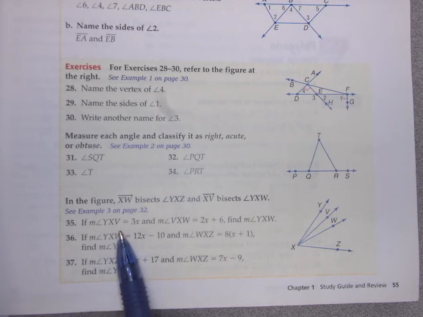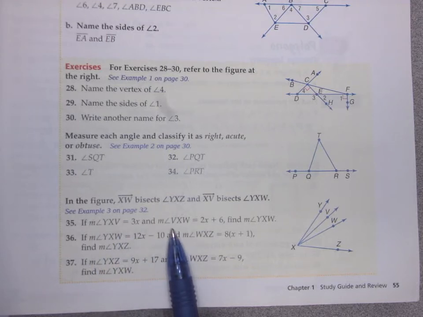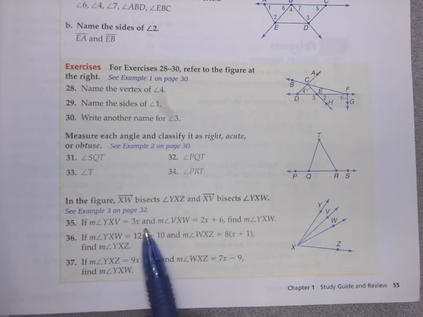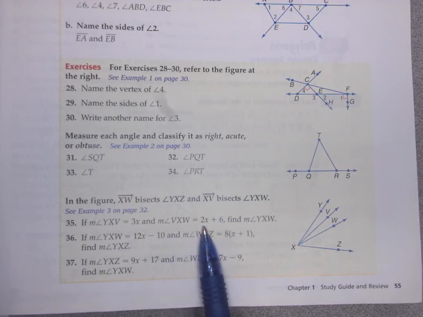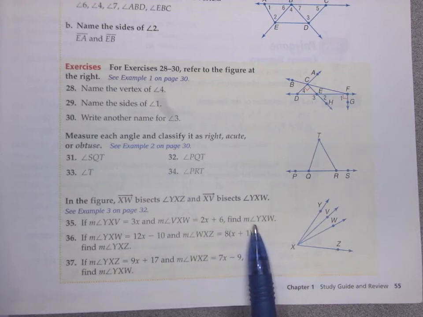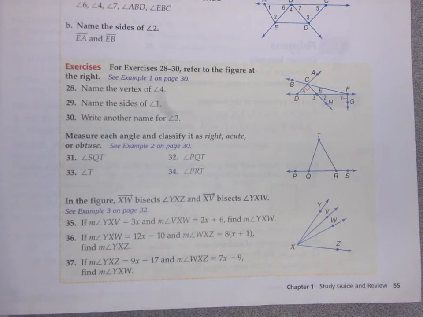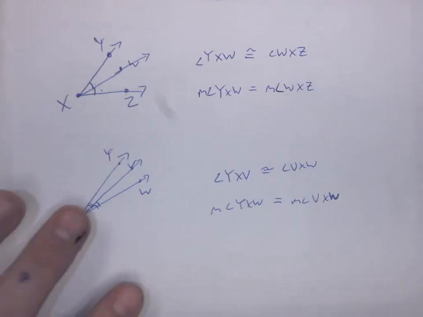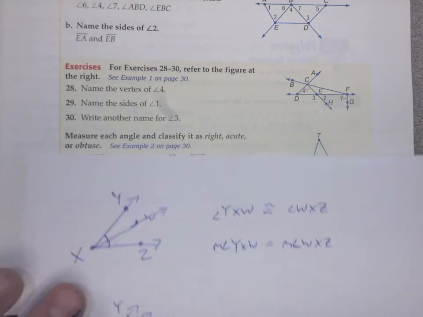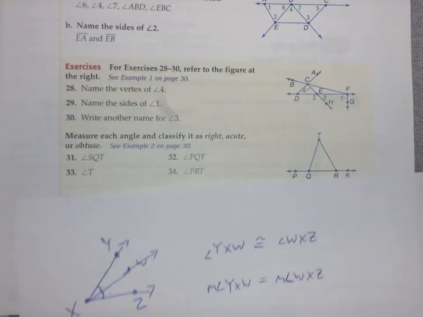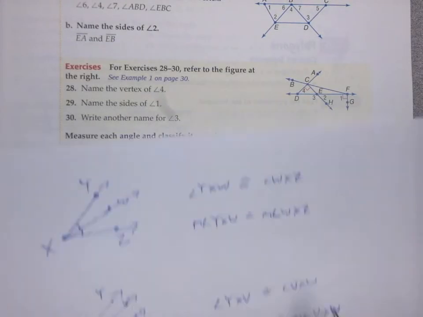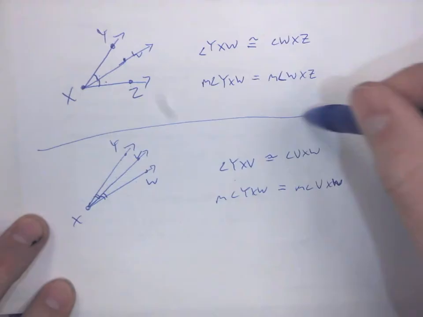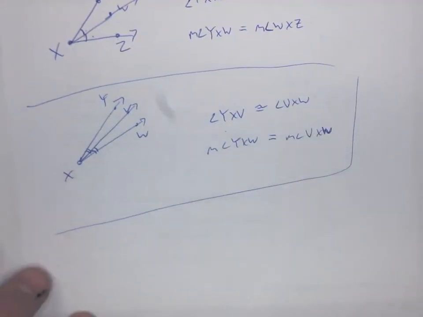If the measure of angle YXV is 3x, and the measure of angle VXW is 2x plus 6, find the measure of angle YXW. Let's look at our diagram here and see what we got. We're talking about YXV, and we're talking about VXW, so that means we're talking about this diagram here.